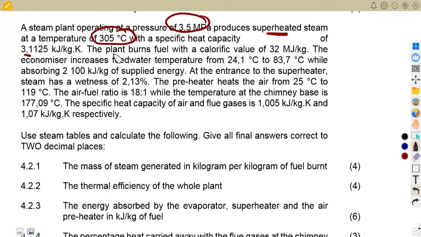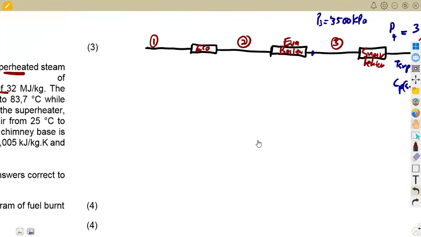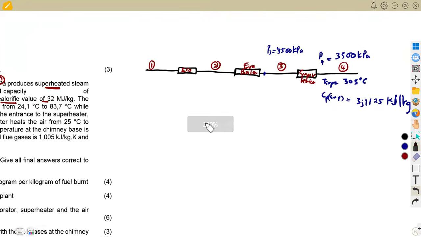Then they are saying the plant burns fuel with a calorific value of. So we're given the calorific value. Remember, this is for the fuel. So this one does not even need us to indicate on the diagram. We can just write it aside here. So we have got a calorific value of 32 megajoules. So 32 mega to kilo, like what we did to kilopascal.